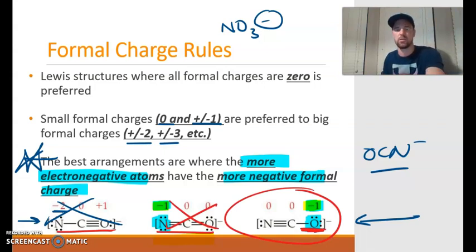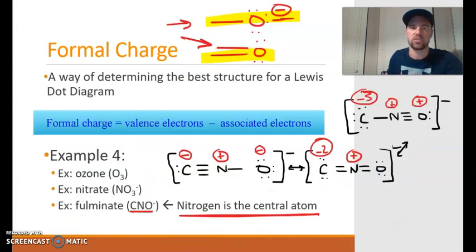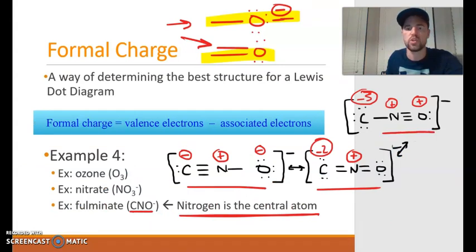It's the best structure. So if I go back to the previous screen, if I were to take a look at these 3 ions, first of all, which one is the most stable, would you guess? If you said the first one, that would be correct because the formal charges are low. But also, why are fulminates so explosive? Well, out of carbon, nitrogen, and oxygen, which element is the least electronegative? The answer is carbon.